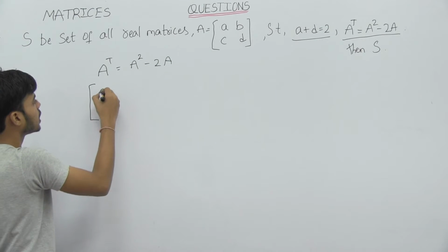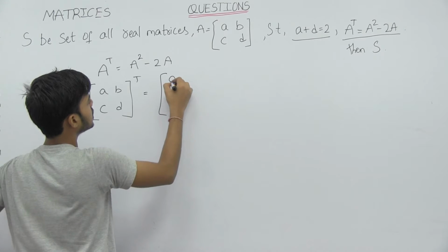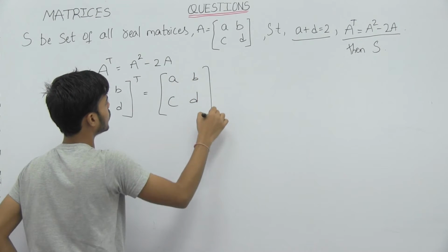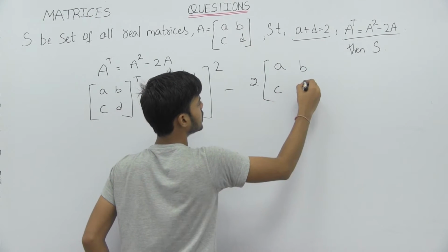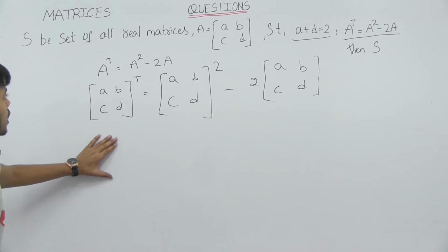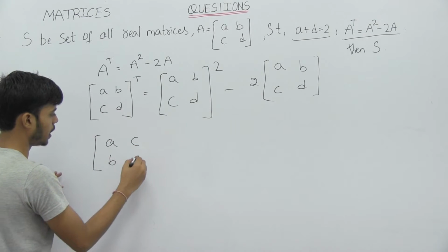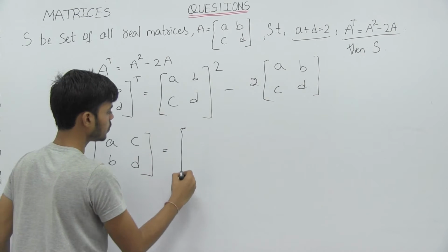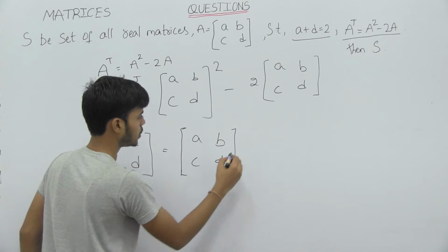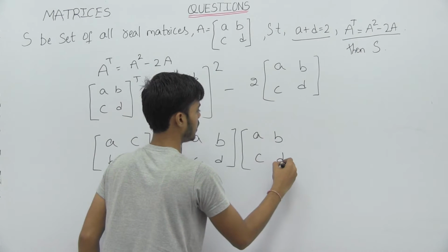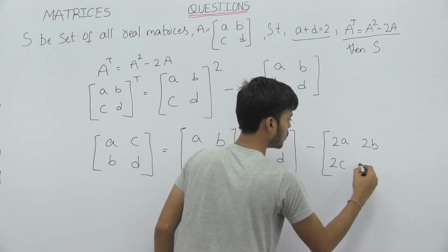So A transpose, that is ABCD transpose, is equal to ABCD whole square minus 2 times ABCD. Now the transpose of this matrix ABCD would be A C B D, which is equal to the square of this matrix ABCD into ABCD, minus 2A 2B 2C and 2D.